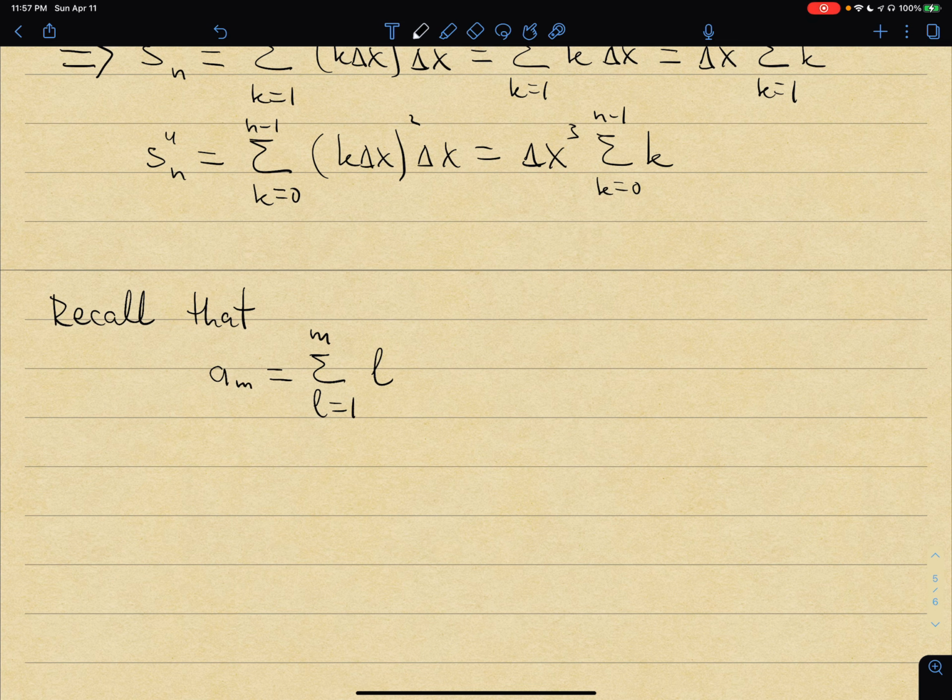What is that? That is 1 plus 2 plus etc. plus m, right? But I also can write AM in the following way.